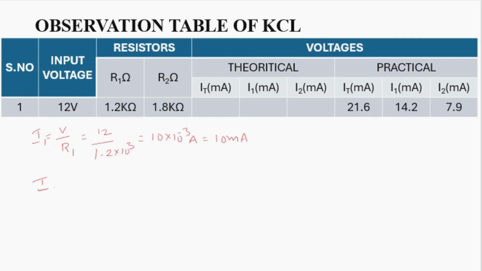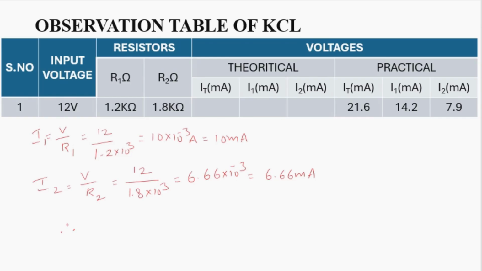Current I2 equals V by R2. V is 12 volts, R2 is 1.8 into 10 cube, which is equal to 6.66 into 10 power minus 3, equals 6.66 milliamperes.